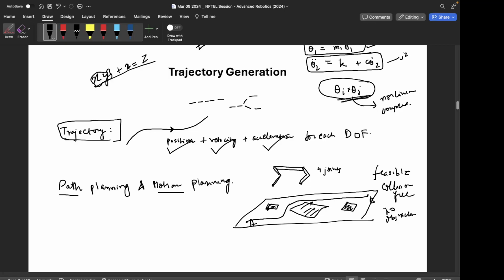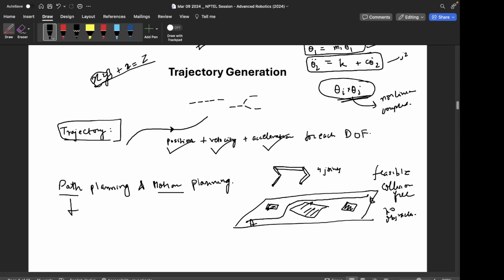So both activities happen anytime you basically move a robot or a manipulator, right? The difference is at which level we are thinking.